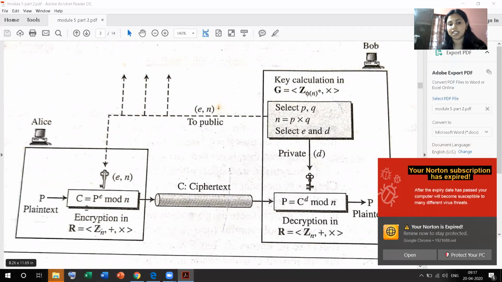That is the ring R is equal to Z n, plus, multiplication, and we take the public key from both sides, that is the tuple E comma n, and in the receiving section we have the private key D, and P is equal to C raised to D mod n.